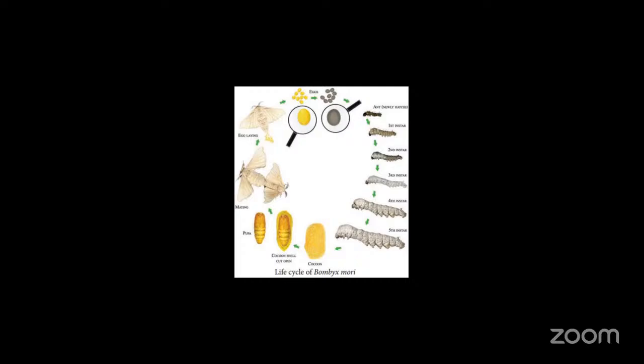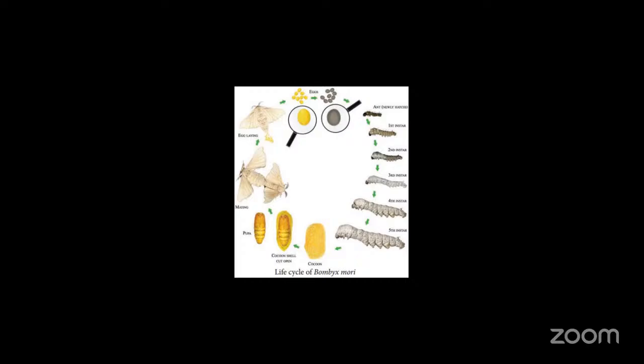Several commercial species of silkworms are available. One of the most important species is Bombyx mori, the most widely used and intensively studied. According to the Confucian text, the discovery of silk production from Bombyx mori dates to about 2700 BC.